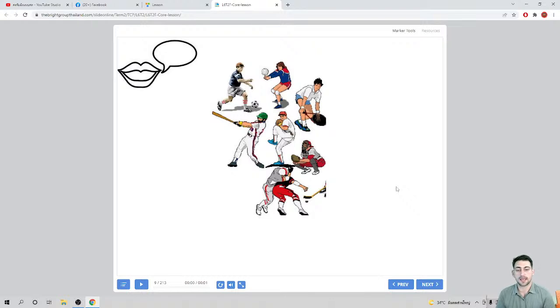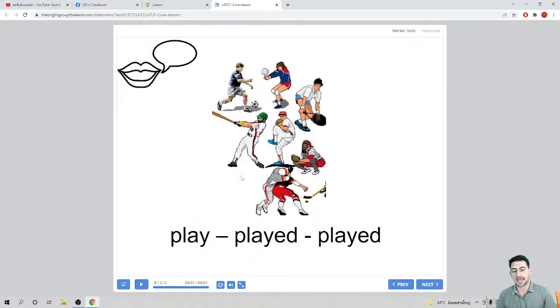All right? And we have vocabulary word number 4. Play, played, played. Again, we have a regular verb. So a regular verb at the past participle, it means that the past simple and past participle are the same. Played and played.